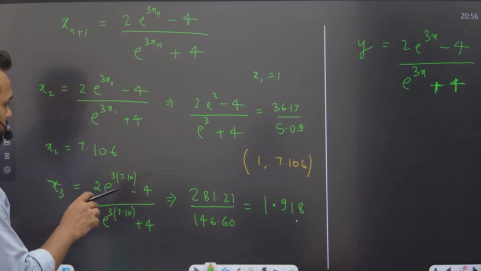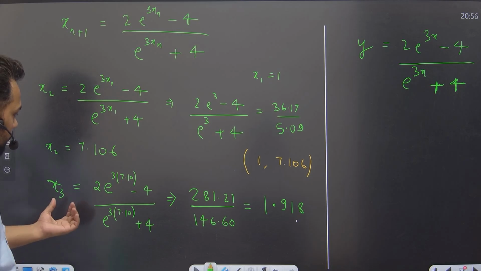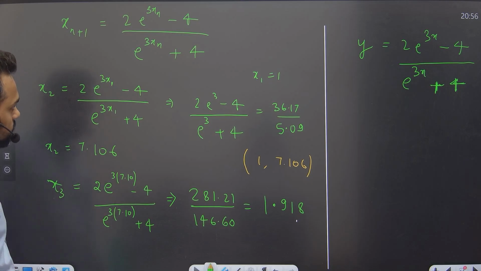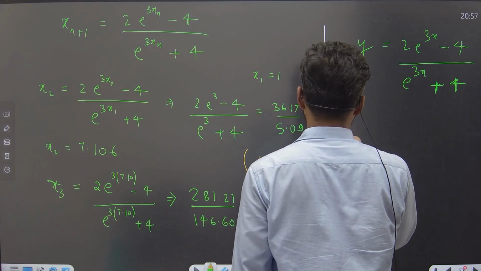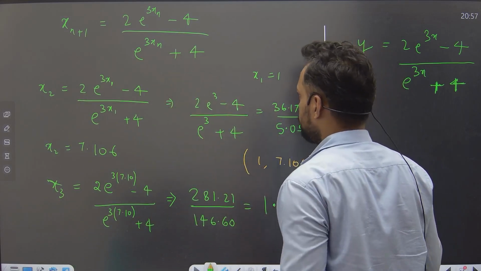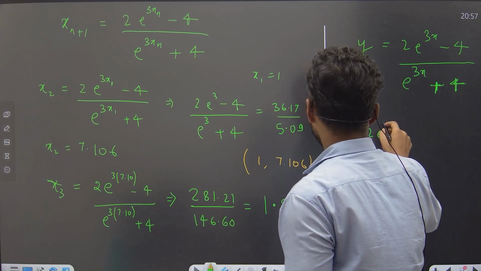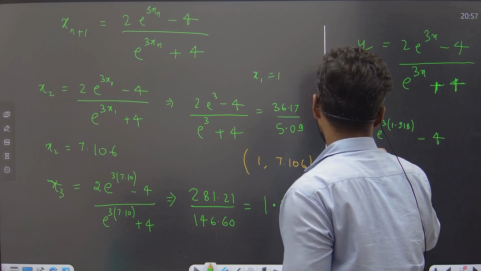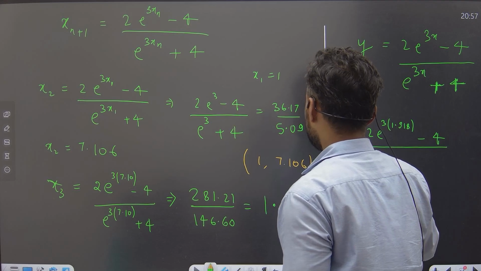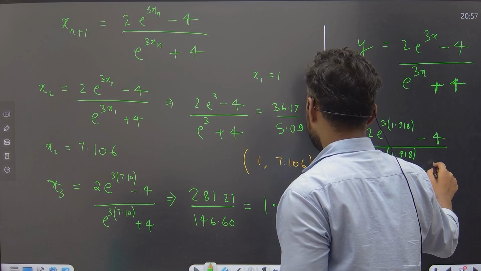So x3 we are getting as 1.918. Now if I plug this value in x4, we'll get 2 times e^(3 times 1.918) minus 4 upon e^(3 times 1.918) plus 4.